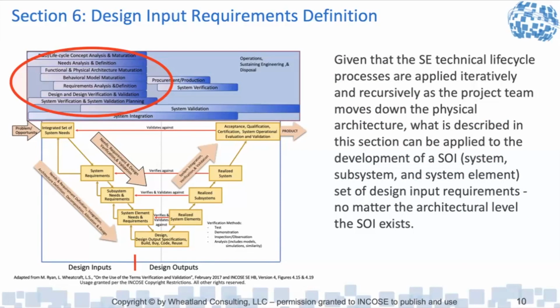We're also starting to look at what the requirements are going to be, in addition to what the needs are going to be. So a lot of concurrent activities are intended. Given this iterative and recursive nature of systems engineering, everything that we're talking about can be applied to your system of interest, whether it's the system, subsystem, system element, or set of design input requirements, no matter the architecture level.